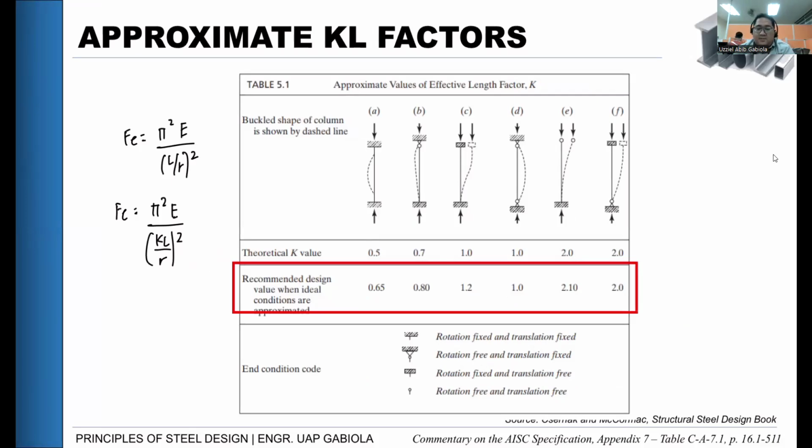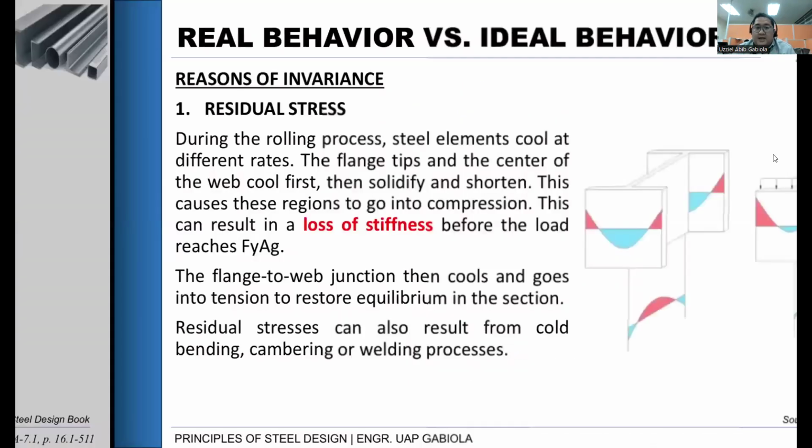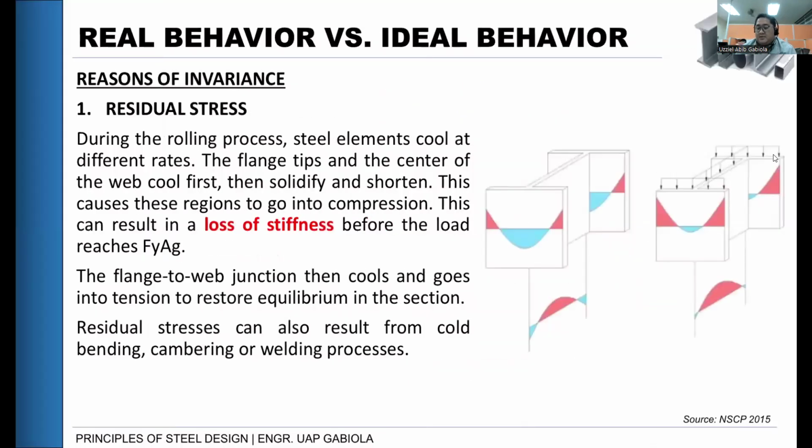Doon sa column natin, in-assume natin na pag hinulma siya, very perfect siya, wala siyang deformation. Pero in reality, kapag ginawa o pinabricate yung mga shape natin, hindi maiiwasan na meron siyang deformities, ano? And nakaka-affect yun dun sa development ng stress ng mismong shape natin.